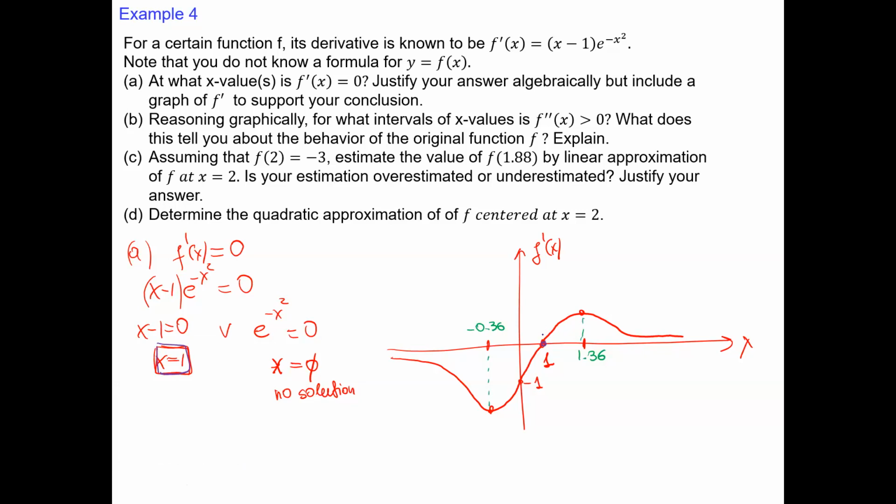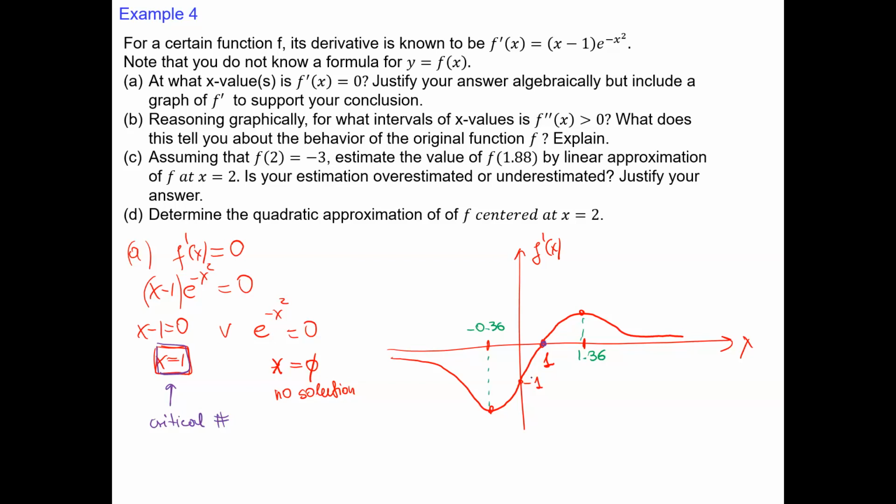I don't know if we need this, but probably what's happened with the function? We don't have the formula for the function, but if the derivative is 0 at 1, this is a critical point. Critical number, and at critical numbers the function may attain a maximum or minimum. Yeah?